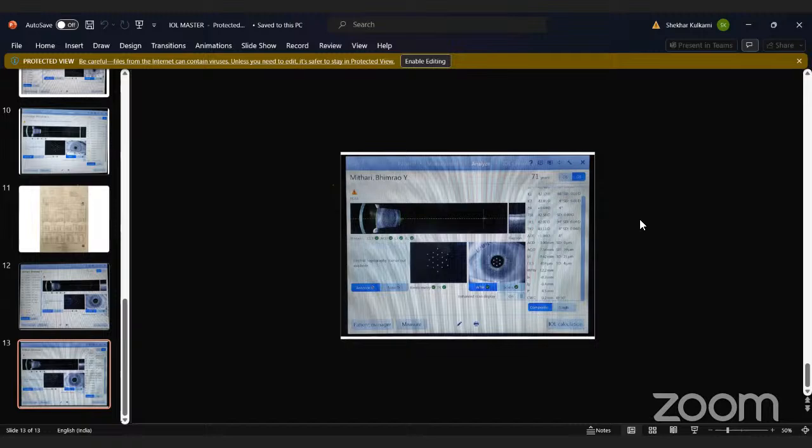So basically it's a laser interferometry which measures the axial length, the anterior chamber depth, the corneal curvatures, and the white to white measurements. Based on all of these measurements, and the multiple IOL formulas which are there, you can do IOL calculations.